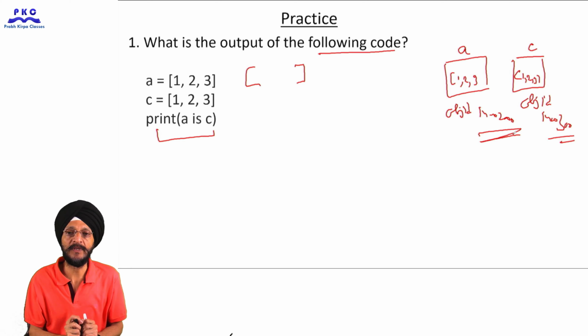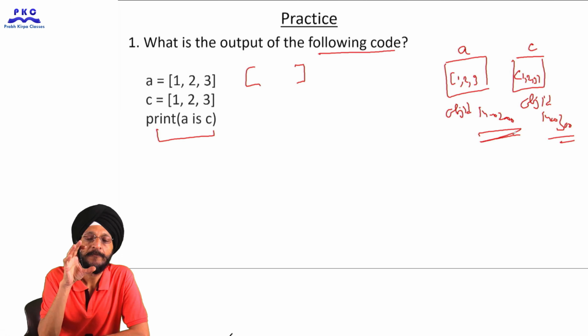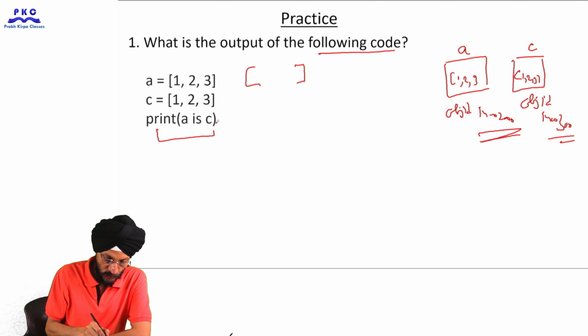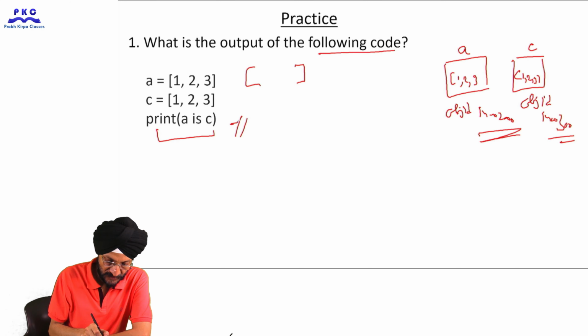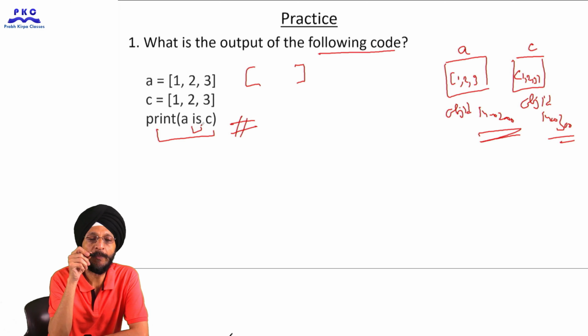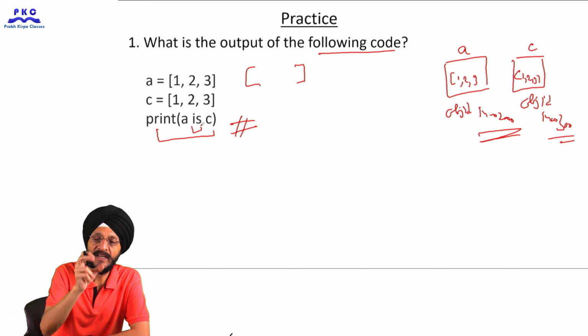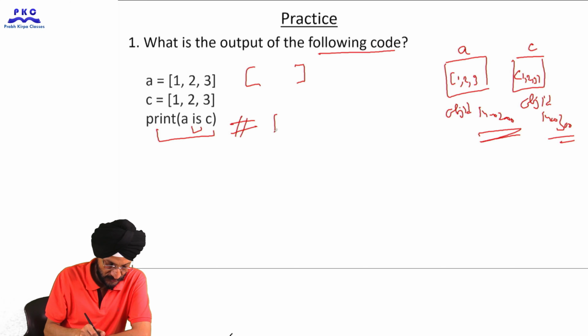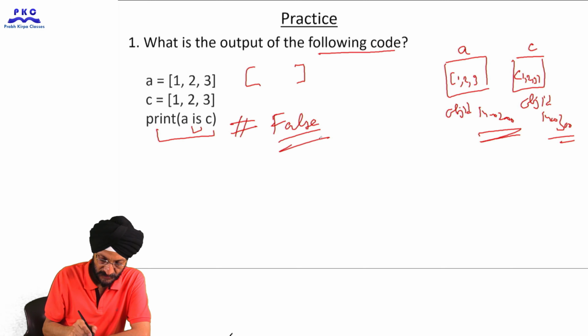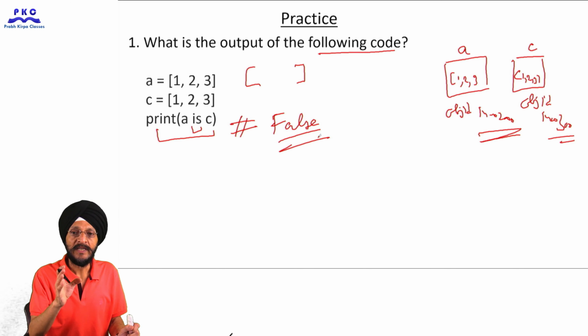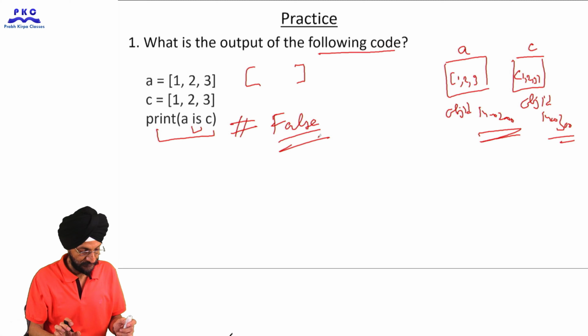So in the case of lists, each assignment creates a different object in memory. So print A is C. Here we are using the is operator to find out whether the memory address of both the variables is the same, whether A and C refer to the same object in memory. The answer is false. Both the objects have different memory locations.